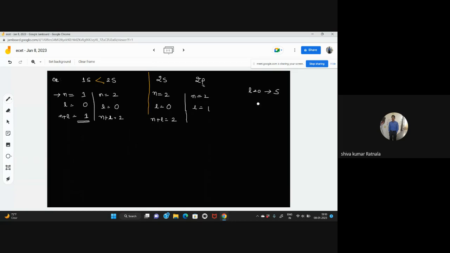For s orbital L equals 0. If L equals 1, it indicates p orbital. If L equals 2, it indicates d orbital. L equals 3 indicates f orbital. So n plus L equals 3. So now here it is 2 and 3. So obviously the electron will enter the 2s orbital. Okay, this is the next condition.